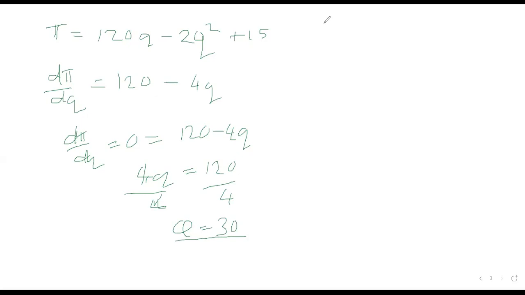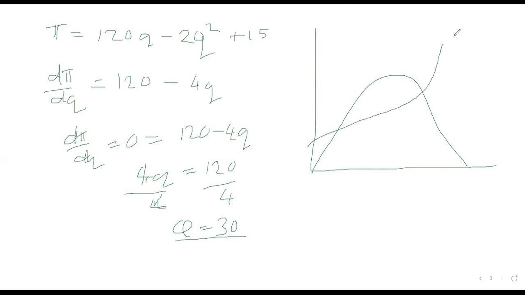Now, using the graphical representation, we said total revenue will usually look like this, and our total cost will usually look like that.